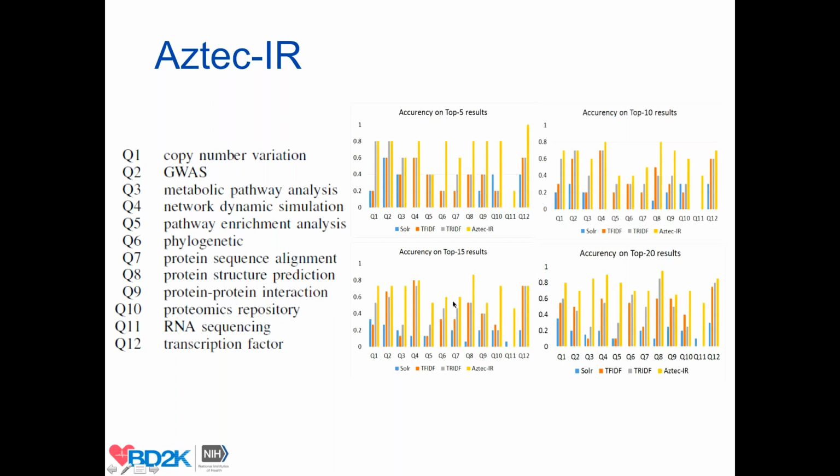We had several experts in bioinformatics evaluate our search results and give us a rank for each query. Then we calculated the accuracy on the top 5, top 10, top 15, and top 20 results. Here come these 4 graphs.